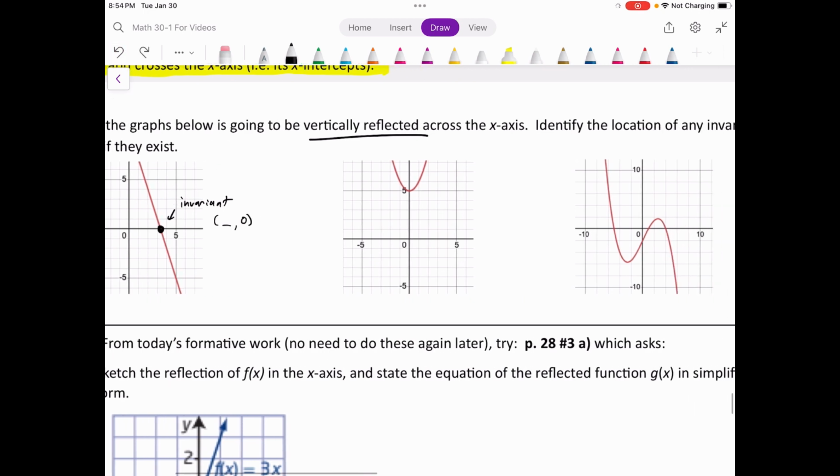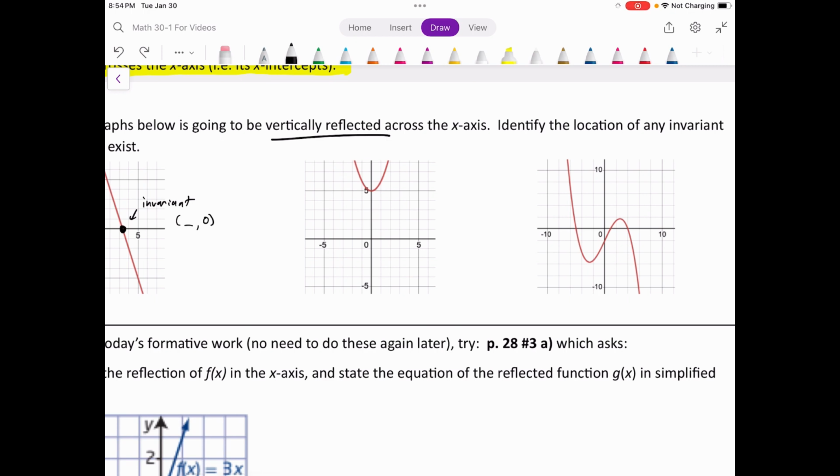What about this one? Does that have invariant points? No, it doesn't, right? Because y is not 0 anywhere here. Y is just some number. It's 5 or larger is what we can see. So 5 times negative 1, that changes it. It becomes negative 5, right? 6 times negative 1, that changes it. It becomes negative 6.